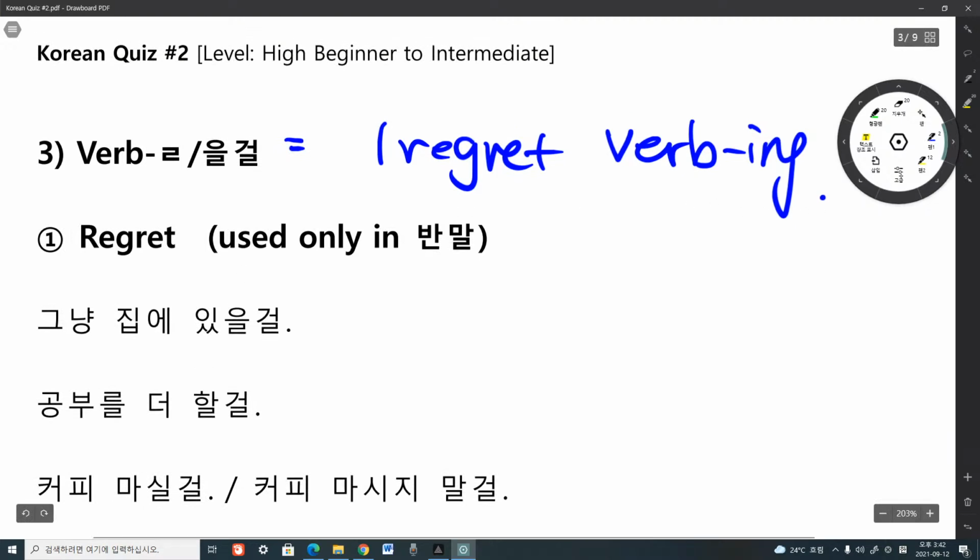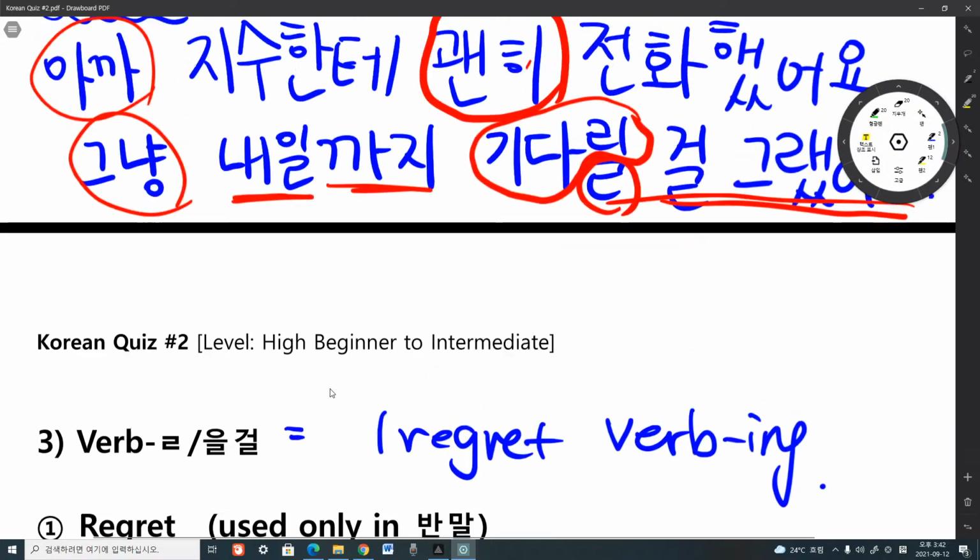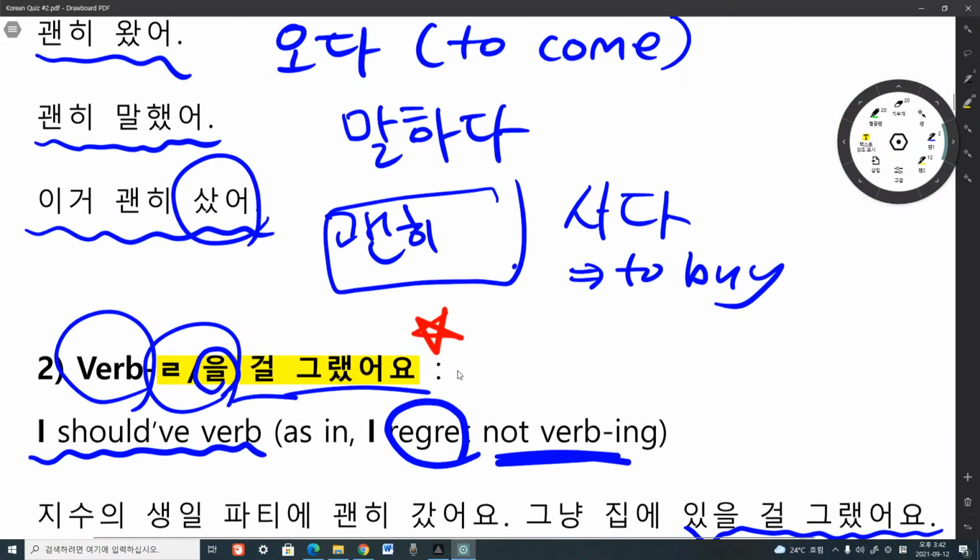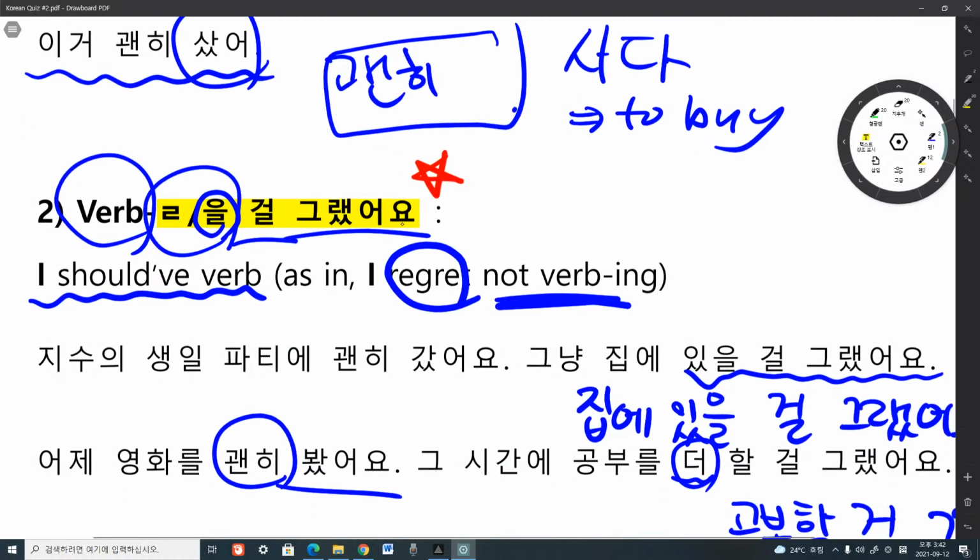So I regret verb ing. And another difference is that it can only be used in 반말, guys. So this 할 걸 그랬어요 can be used in both 존댓말 and 반말. So you can use 그랬어 or 그랬어요.